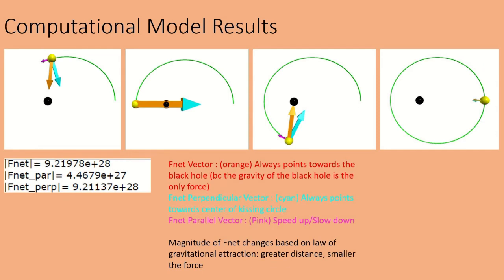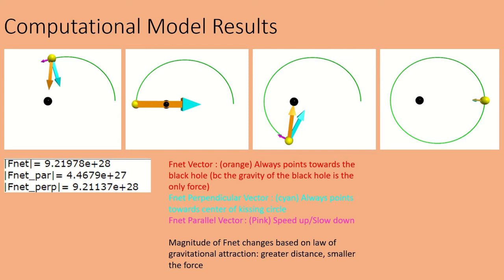Alright, so here are the computational model results that we got from the code. Let's skip down to the net force real quick. As you can see, that's the value of the net force we got, and the parallel and perpendicular components respectively. So let's take a look at the arrows now so we can visualize what this looks like. The orange arrow will visualize the F-net vector, so the total net force.